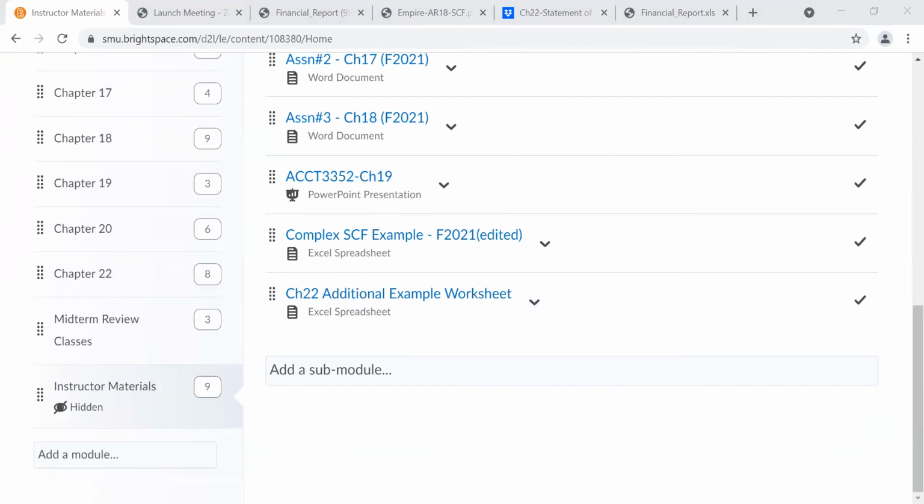I also copied it into a worksheet, an Excel spreadsheet.